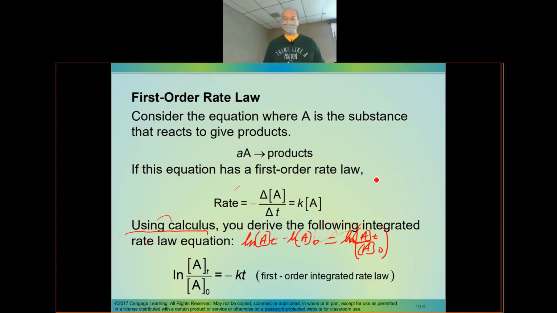And if you have a decent calculator, when you push your ln button, the first thing that pops up is a parentheses right after that ln button. So they automatically put it in parentheses for you. But if you don't have a calculator like that, you will want to do that division first, then the ln of that. All right, so this is your first order integrated rate law.